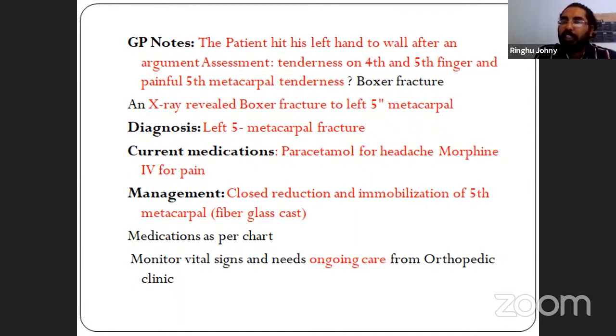Fifth sentence, he was managed with paracetamol for his headache and IV morphine for his pain. Lastly, if needed, you can write currently his condition is stable, or currently he has made a good recovery. There's no need actually. Even if you don't write it, that's perfectly fine. So that's the first paragraph for you, and I hope that's clear for everyone.